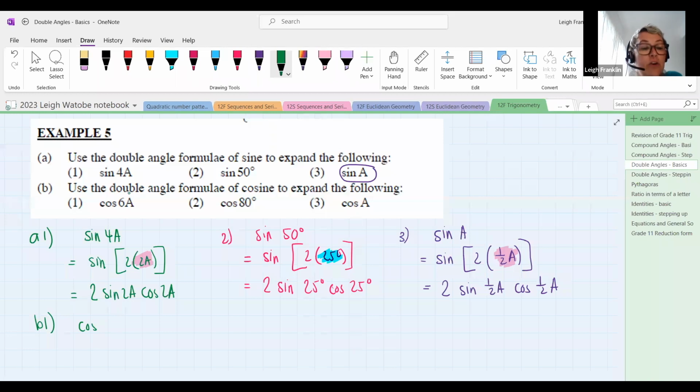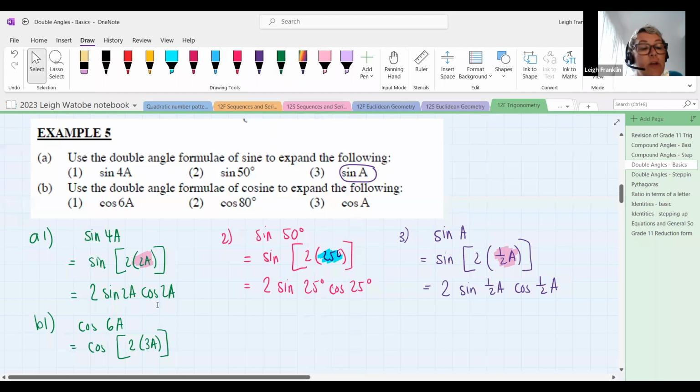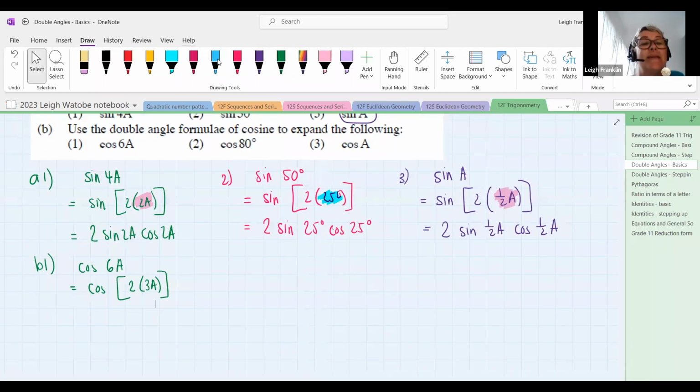They give us cos of 6a. 6 is an even number, so it's easy to write a double of this, and it is the double of 3. So our angle would be 3a. Does that make sense to everybody? Because 2 times 3 gives us 6. So 3a is your angle in this case.